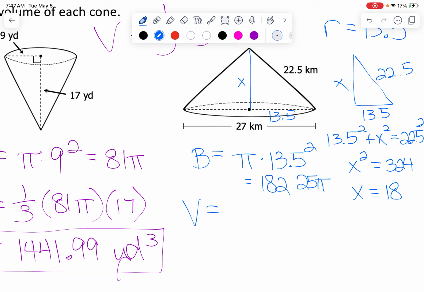Again, I'm just going to leave that pi in there and type it in like that.